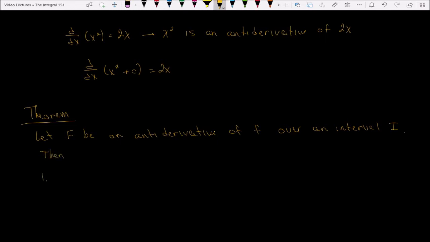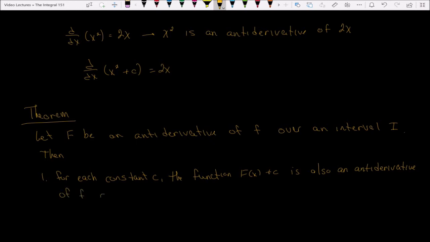First, for each constant c, the function given by F of x plus c is also an antiderivative of little f over the same interval.